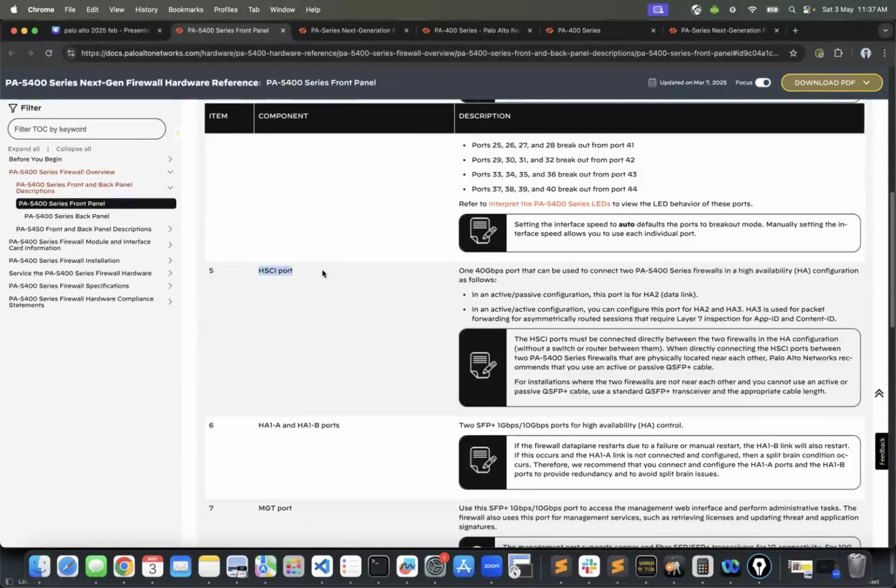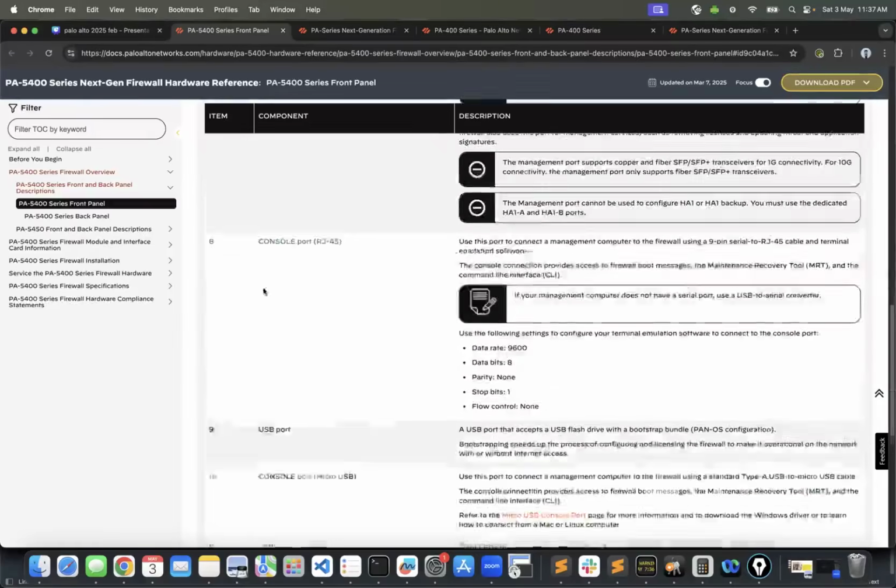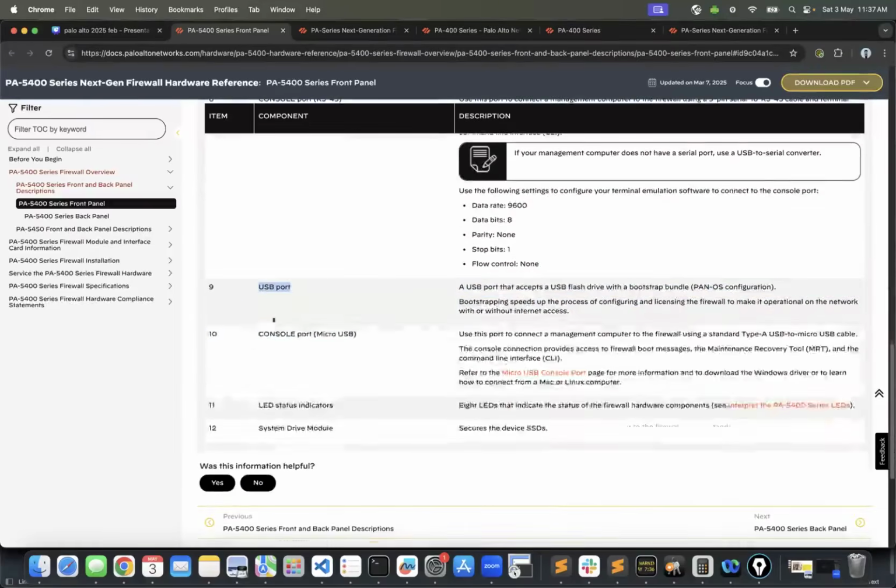HSCI port: there is one dedicated port for HA3 failover. Palo Alto is more focused on failover, so they have given one more port called the HSCI port. We'll talk about all these ports. HA1, HA2 for the failover, a dedicated management port, console port, USB port, LED status and systems.